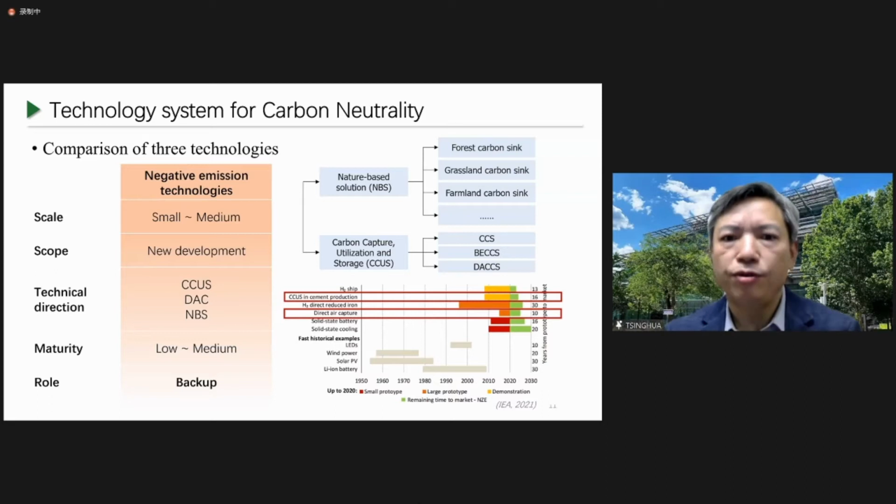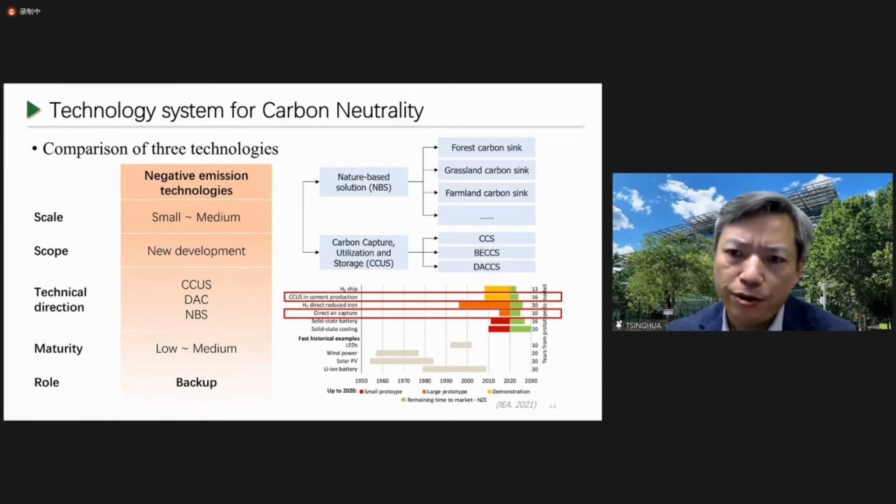It is for this reason that negative emission technology is necessary as the backup or last resort and final frontier. It is estimated that its contribution to China's emission reduction is about 8 to 10% over the next 40 years, which is relatively smaller, but still it's a big number.